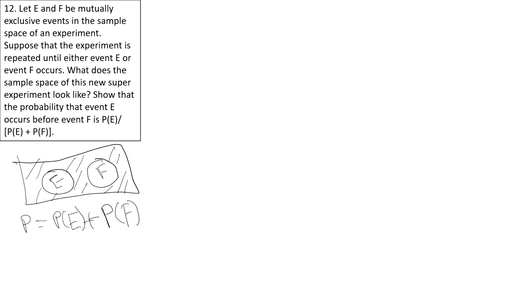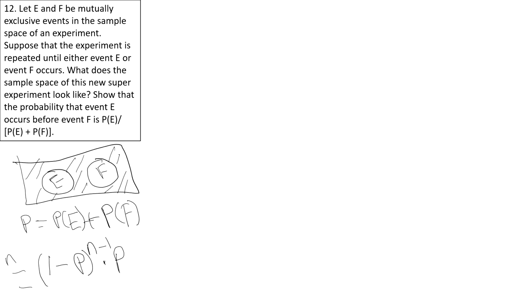So suppose the question has been asked such that they are repeated until either of them appears. Technically the experiment goes on, and 1 minus p to the power n minus 1 times p is the probability that the experiment ends at step n.